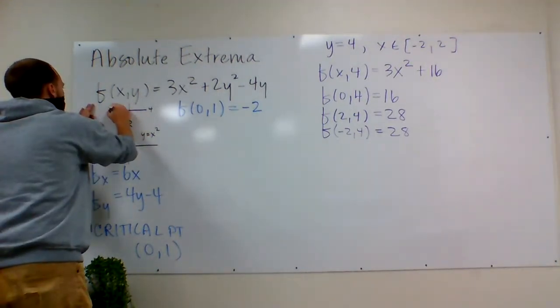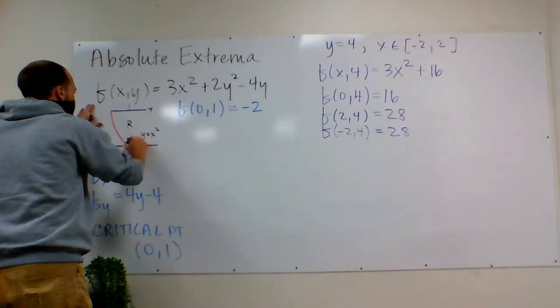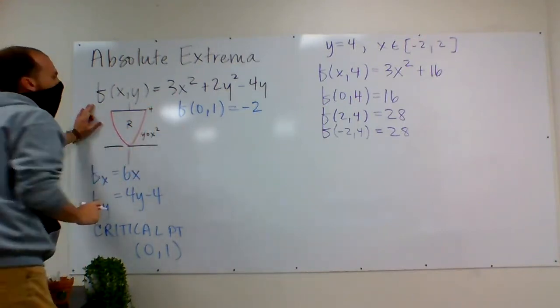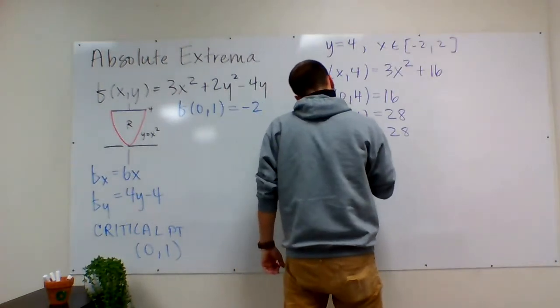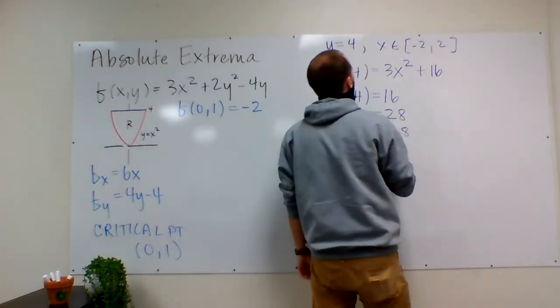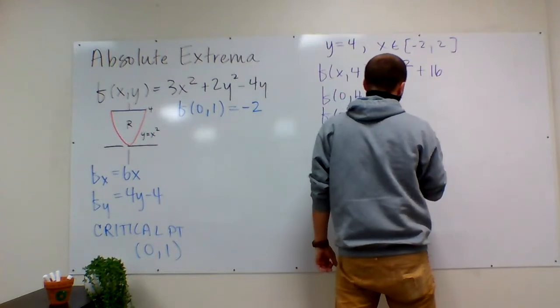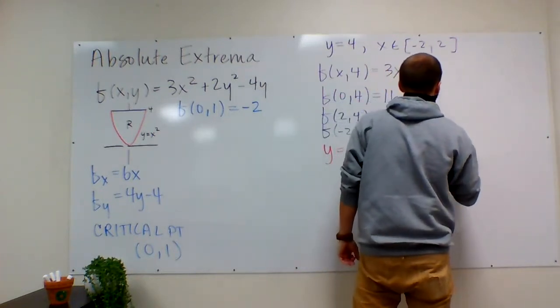All right, so now I'm going to draw in that parabola, y equals x squared. Okay, so on here, we're interested in the place where y is equal to x squared, and x is also between negative 2 and 2.